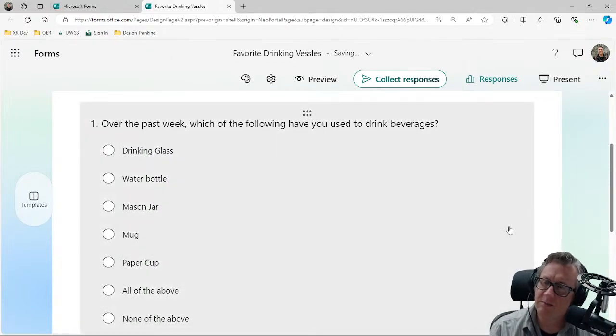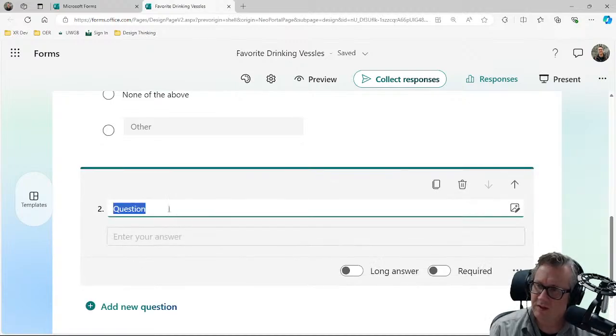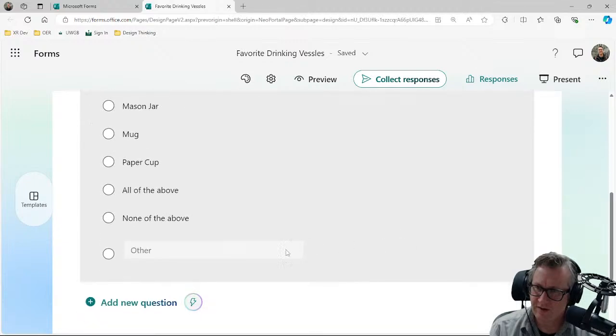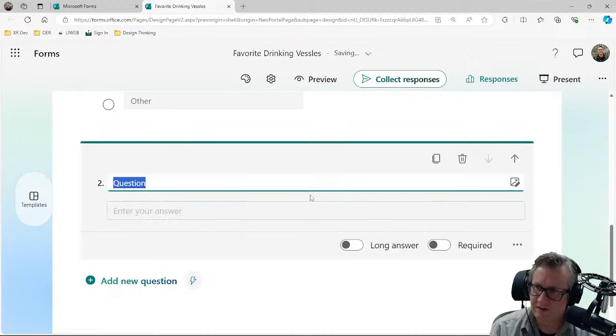Very unlikely that people keep track of this, but here's how we do an open-ended question. I was going to say I could duplicate this, but I want to get to it.